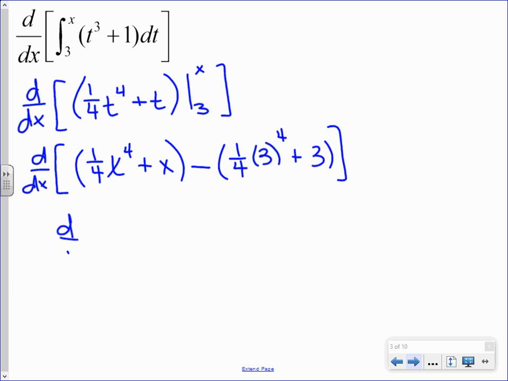So we're taking the derivative of 1/4 x to the 4th plus x minus a constant. Doesn't really matter. 81/4 plus 3, right?